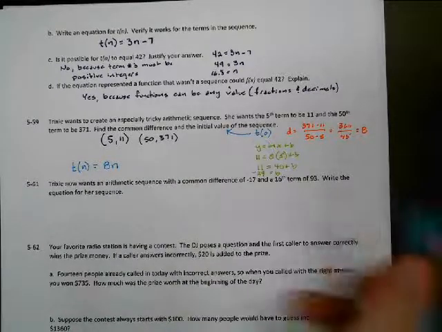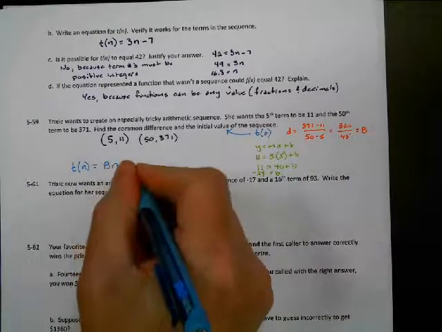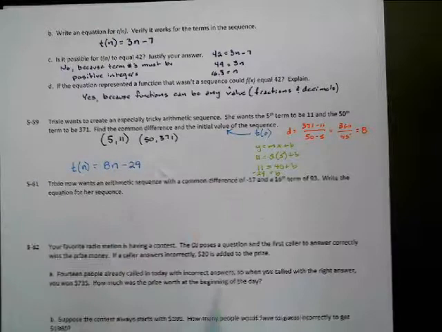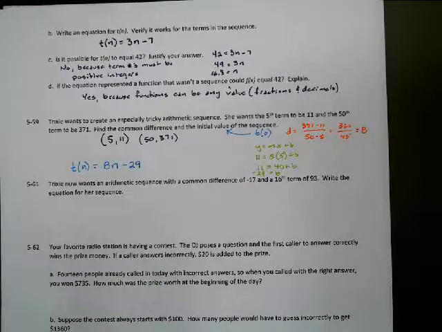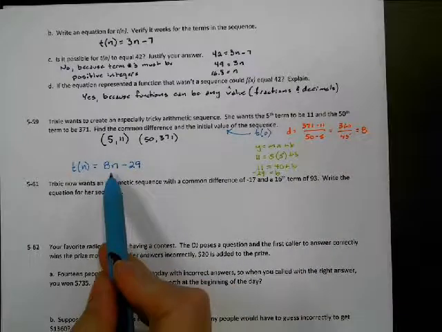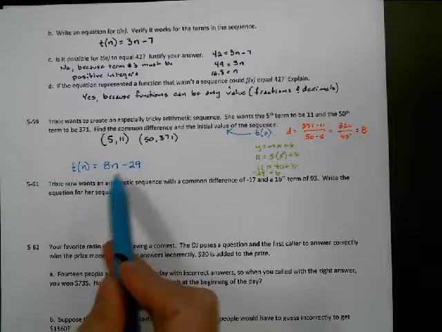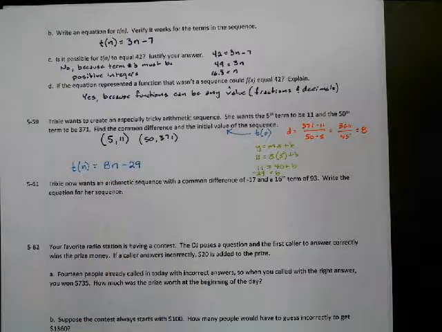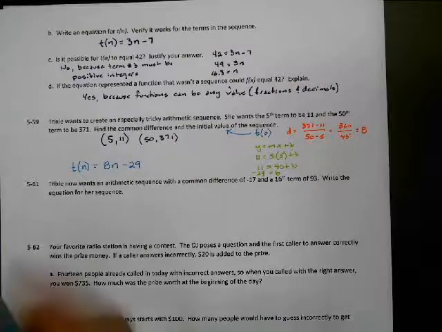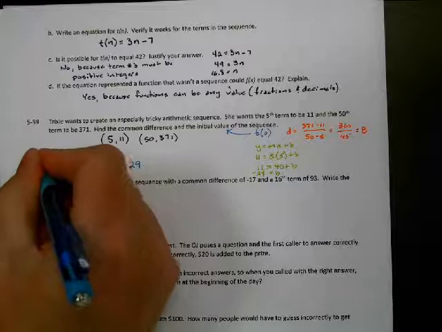So would negative 29 actually be in the sequence? No. The first term in the sequence would be t of 1, where we plug in 1 here, and that'd be 8 minus 29, which is negative 21. So the first term in the sequence in this case is negative 21. Then the next term, we'd add 8 again, and we'd get negative 13.